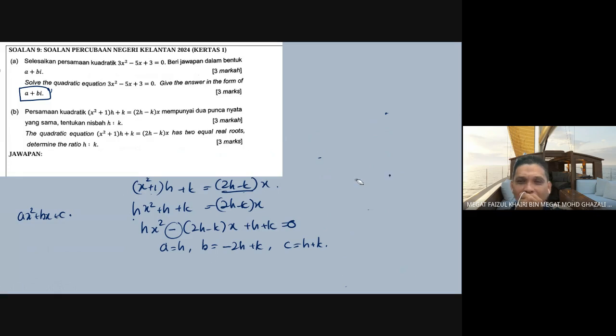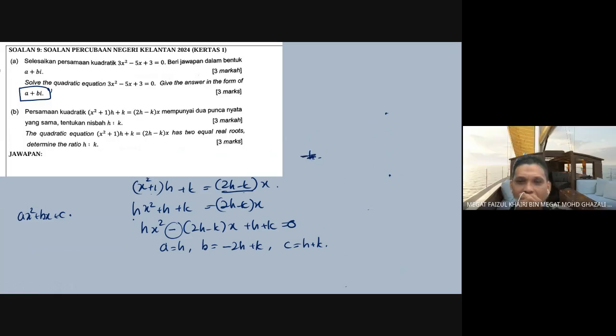Okay, now b squared minus 4ac, with b equal to negative 2h plus k and c equal to h plus k, equal to 0. So 4h squared minus 4hk plus k squared, and then minus 4h squared minus 4hk equal to 0.